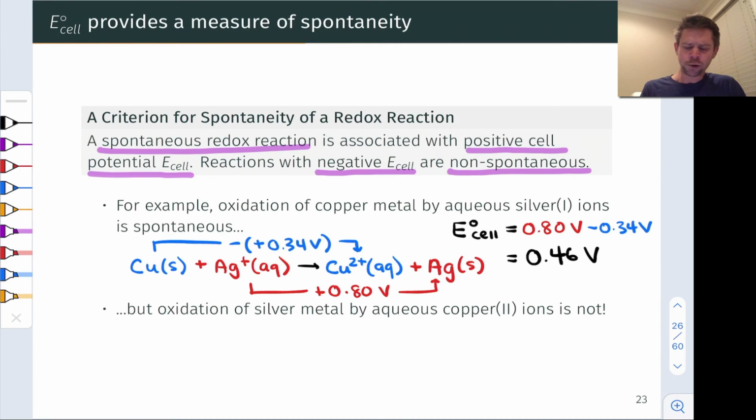But watch what happens if we replace or exchange the roles of the reactants and products, if you like, right?